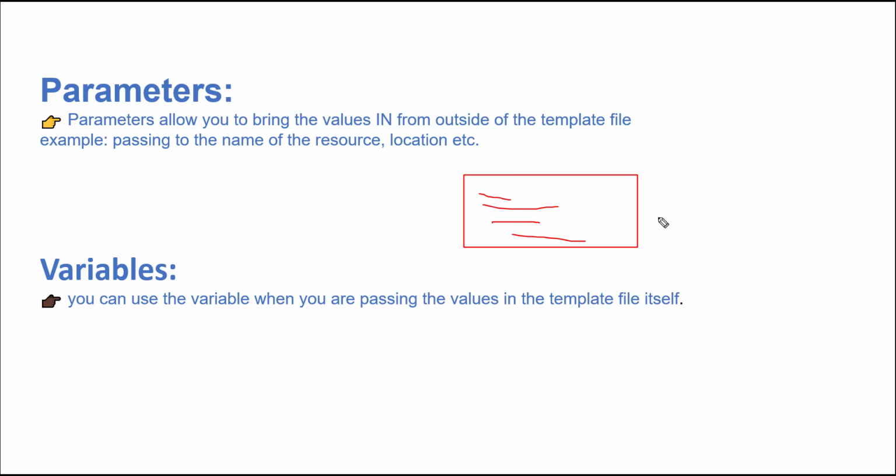Whenever you run this from the command line or any CI/CD pipeline, whatever value needs to be passed into the parameter will come from the outside. So that brings your values from the outside. That's what we are using the parameter for.